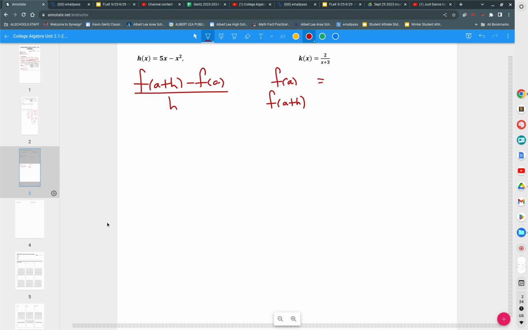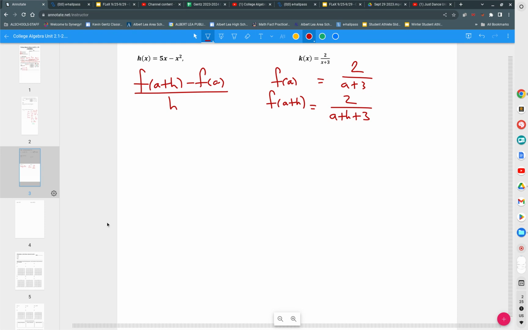I plug in the a, and I get 2 over a plus 3. I plug in a plus h, and I get 2 over a plus h plus 3. Is everybody clear where I came up with those two?